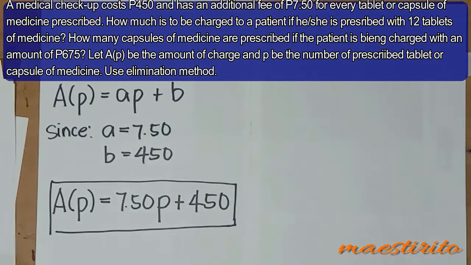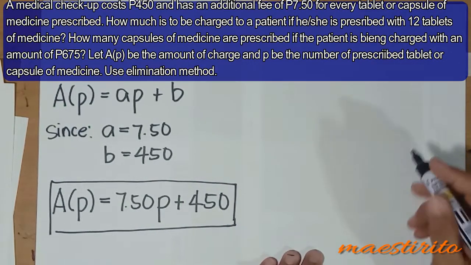So going back to the first question: how much is to be charged to a patient if he or she is prescribed with 12 tablets of medicine?